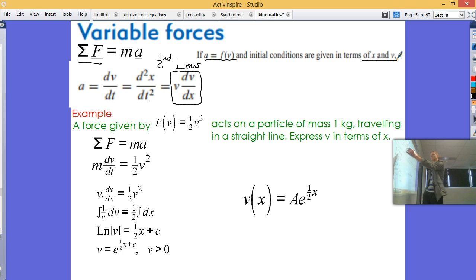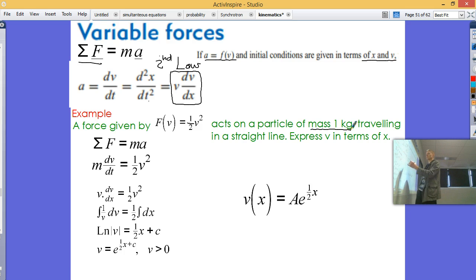So here's an example. Force given by F equals half v squared. Okay, so we've got this force and it acts on a particle of mass 1 kilogram traveling in a straight line. We need to come up with a rule. Express v in terms of x. Okay, so start with Newton's second law, and this is where we all begin. This is like the fundamental crutch of it all.